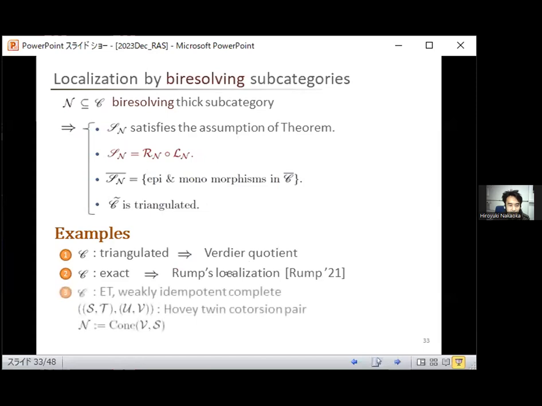And lastly, if C is a weakly idempotent complete ET category, equipped with a Hovey twin cotorsion pair, then we can associate some bi-resolving sixth subcategory. And by the theorem, the resulting localization is triangulated, which was also shown in the earlier collaboration with Yang.